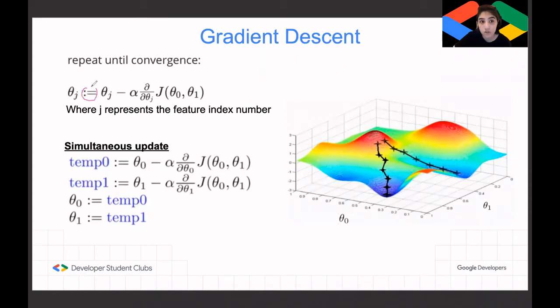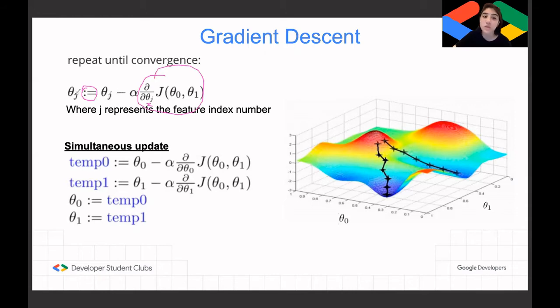So this is assigning the value of theta 0, which equals theta 0 minus alpha, which is the learning rate, multiplied by the partial derivative of the cost function with respect to theta 0. I'm going to tell you what this expands into in a later slide.